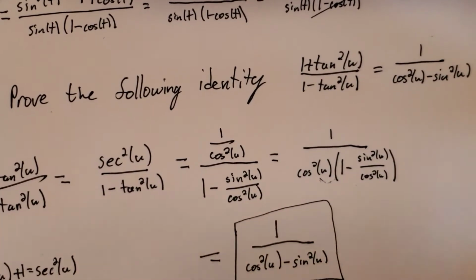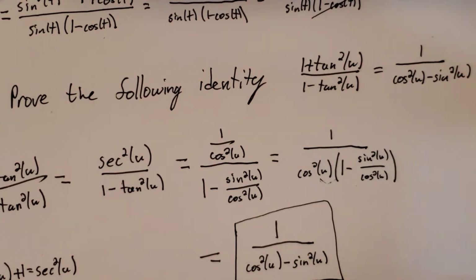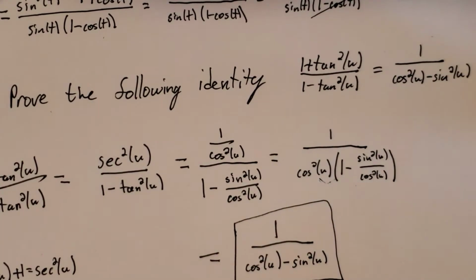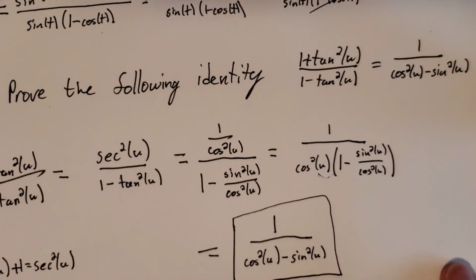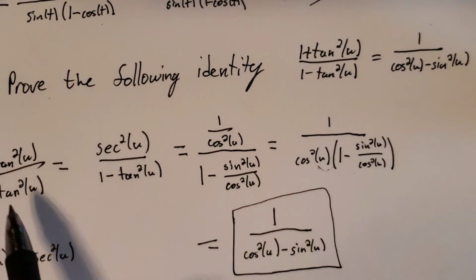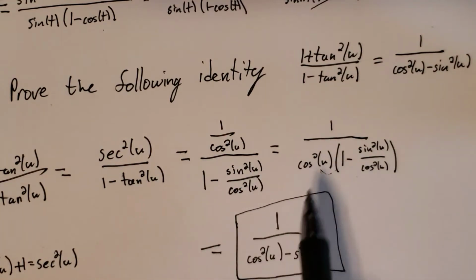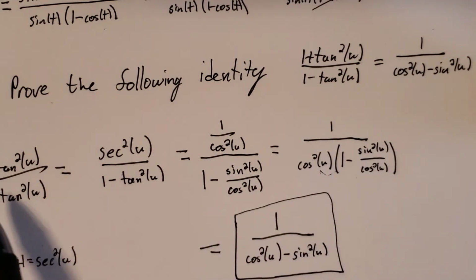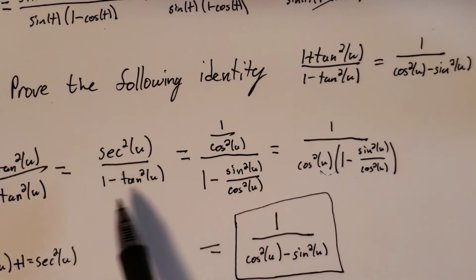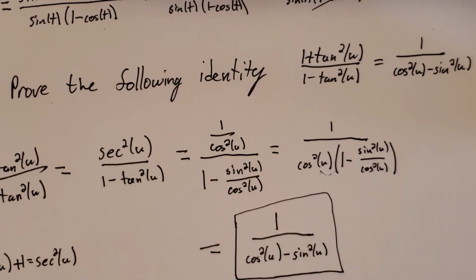So, I would like to point out, before we end this video, those are the only 2 questions I wanted to do, but I'd like to point out that it's not always easy to see the exact approach here. I worked this out ahead of time and found out that this is the simplest way to do it.